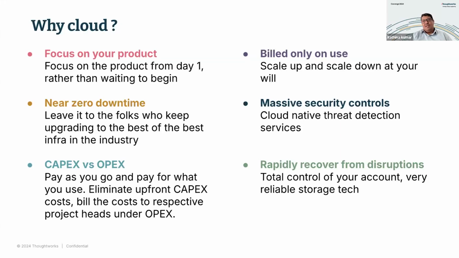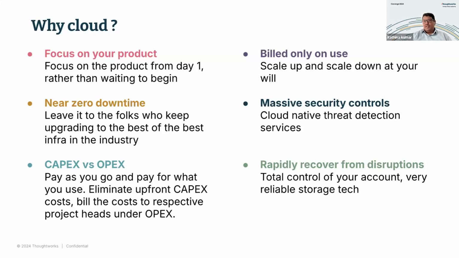It's as simple as this: you have a 2 CPU machine, power it down, set the configuration to 4, and bring it up. All of your settings and applications can remain the same. It is billed only when you use it. It comes with native security controls with a lot of threat detection and DDoS protection. These are the kind of web attacks people try to do on websites.